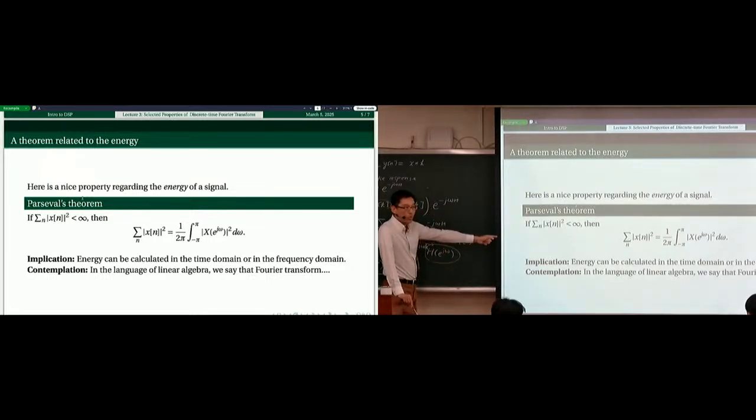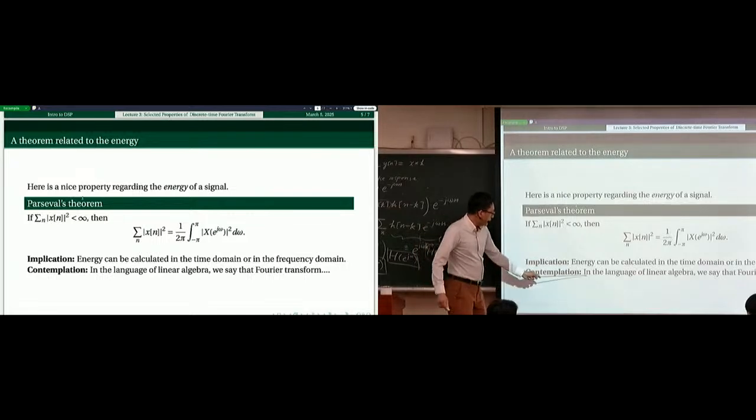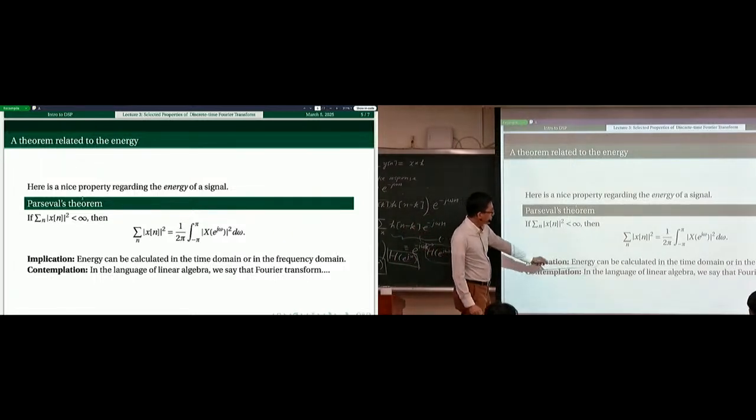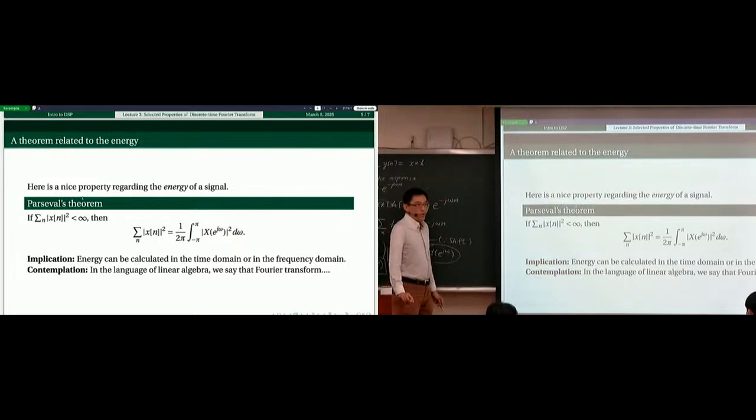Any other insight that anybody would like to share? Why can we think that this is beautiful? So I would like to refer to linear algebra. In the language of linear algebra, we say Fourier transform preserves the norm. 保持范数, preserve the norm.